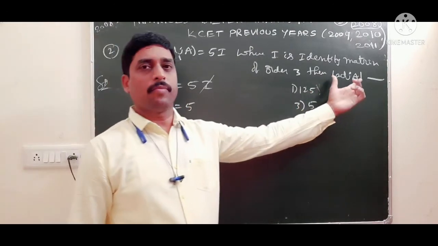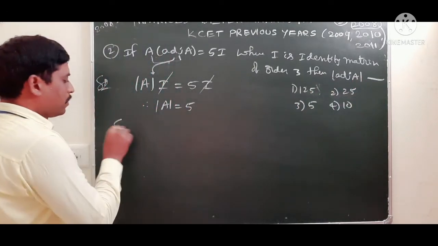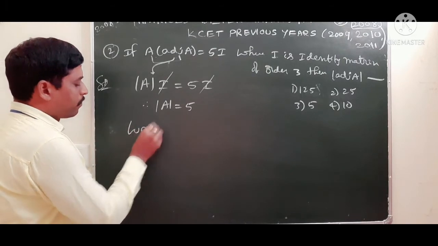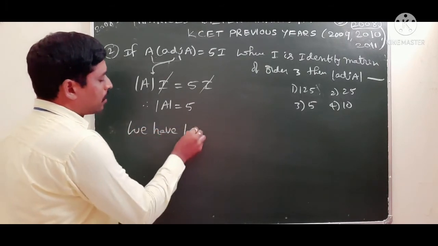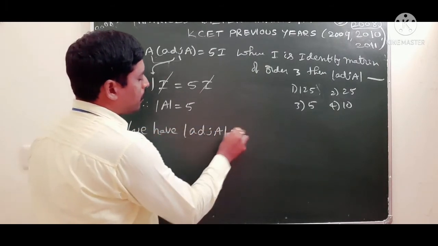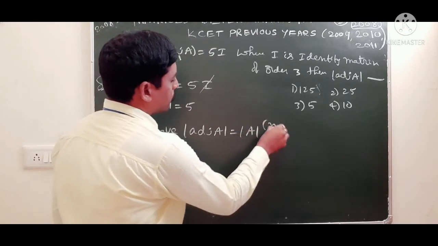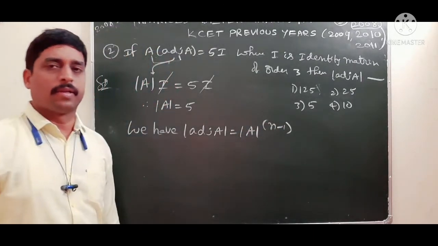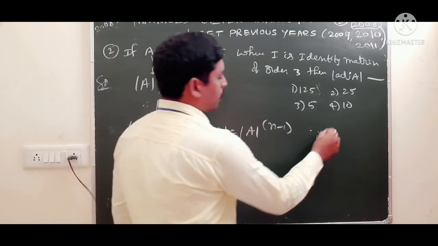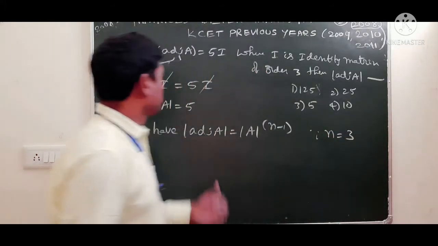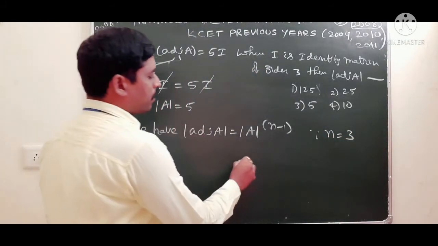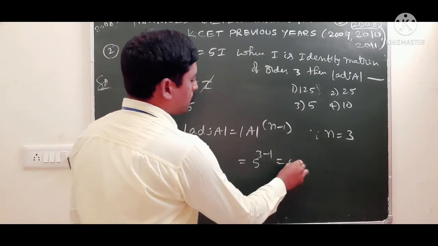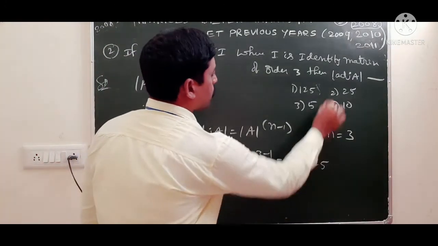We know the formula: det of adjoint A is equal to det A power n minus 1. Here n is 3 and det A is 5, so 5 squared is 25. Second option is correct.